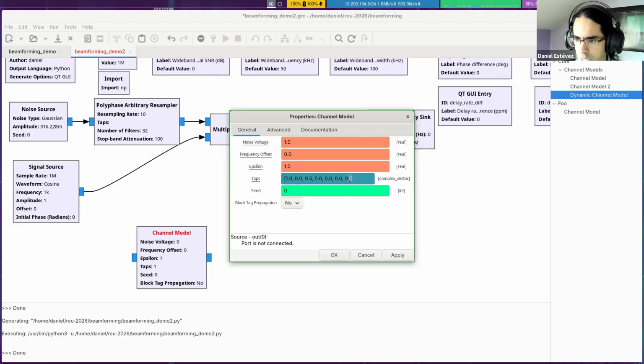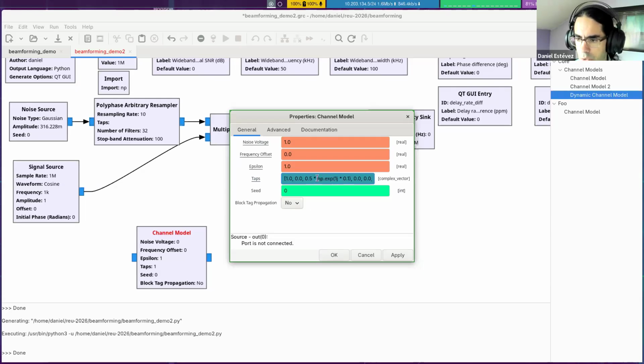So that means these numbers can also have phases. They can have an imaginary part because also with these rays, when there is multipath, they arrive to the receiver at different phases. So it's not that only the thing that changes is the amplitude. The thing that changes can also be the phase, and I could put here a phase difference. So this means that the phase of the signal is also shifted by 0.1 radians.